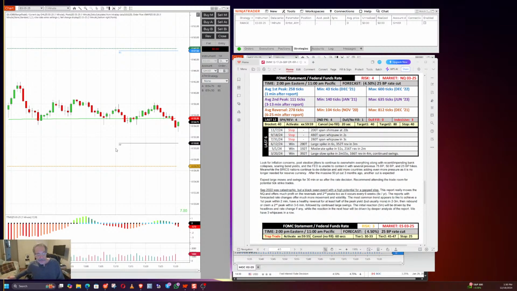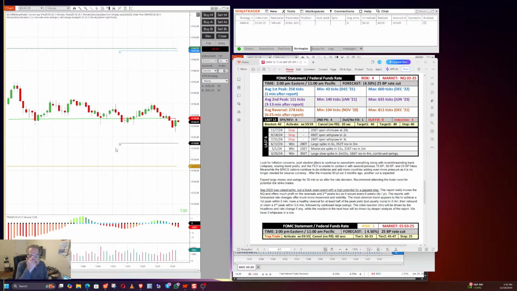Okay, we did take a look in our testing department, and we did come up with another setup. And I have to say that it's very interesting, but of course it's got risk because we've never traded it live in the room. It's new, but there's always a first time for every setup.